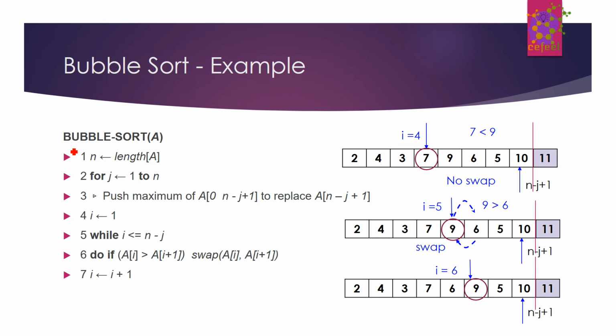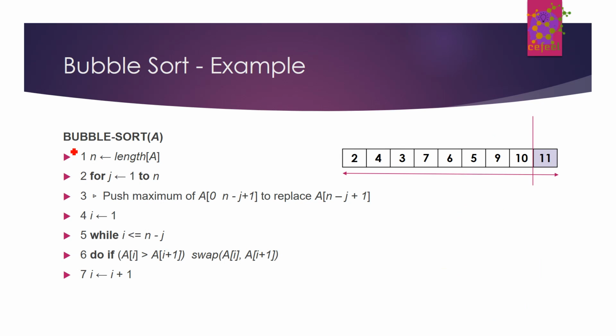Now I points to the maximum element till now, and we compare again AI with AI plus 1. So 9 is compared with 5. Notice 9 is greater than 5. The if condition succeeds, so a swap will be needed. So we'll swap 5 and 9, and now we have this array. So 5 and 9 are swapped, and I in step 7 increments to 7 from 6, and we go to step 5 again where I is compared with n minus j.